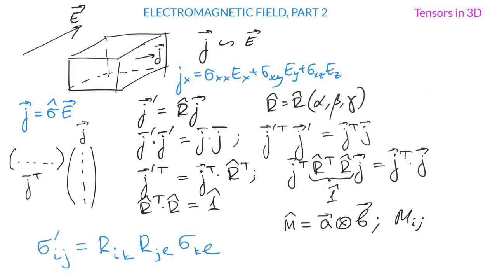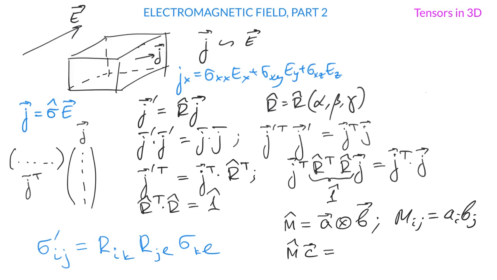The component of a tensor is equal to the product of components of vectors A and B.